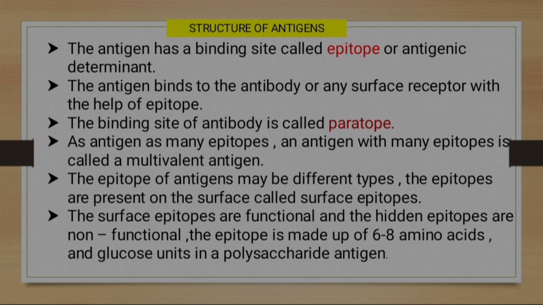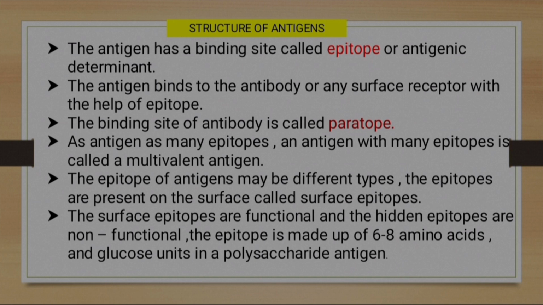Another one is structure of antigens. The antigen has a binding site called an epitope or antigenic determinant. The antigen binds to the antibody or any surface receptor with the help of the epitope. The binding site of the antibody is called the paratope. As an antigen has many epitopes, an antigen with many epitopes is called a multivalent antigen. The epitopes of an antigen may be of different types.